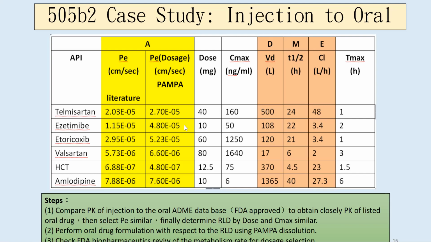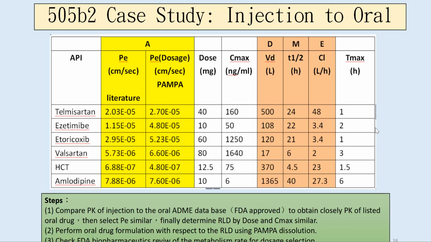Then you are able to arrive at your permeability, right? So with the internally determined DME and the permeation data, you can figure out whichever is closer to your needs, and then you can refer to their dose and calculate your Cmax.